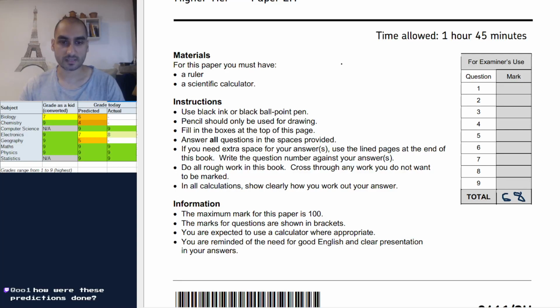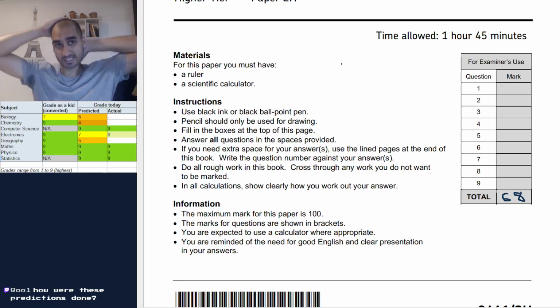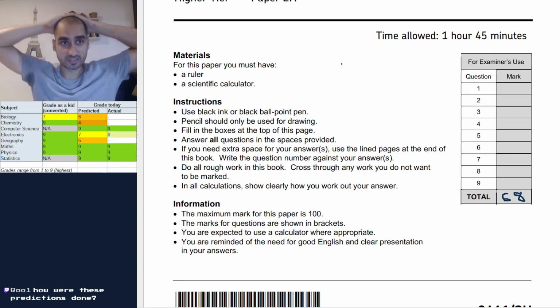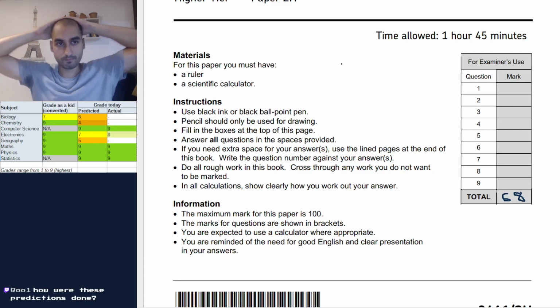So I said 6 because there's a combination of 2 factors. One, there's a lot of specific terminology in biology that you just have to learn, so I wouldn't know a lot of that. But on the other hand, I am quite good at the general knowledge form of biology.